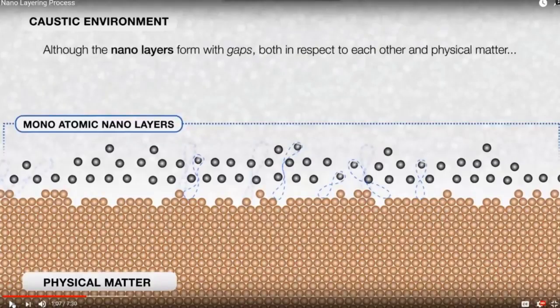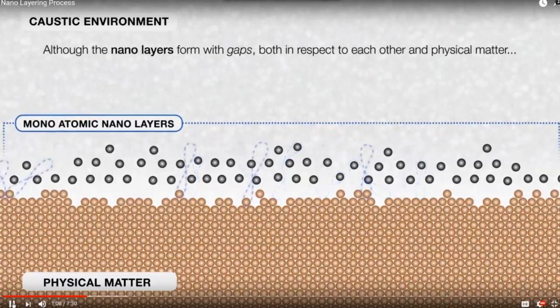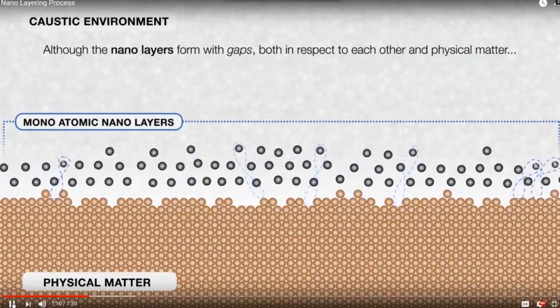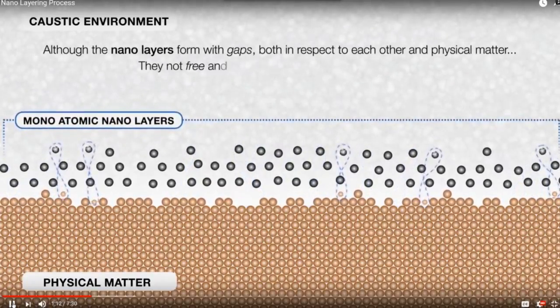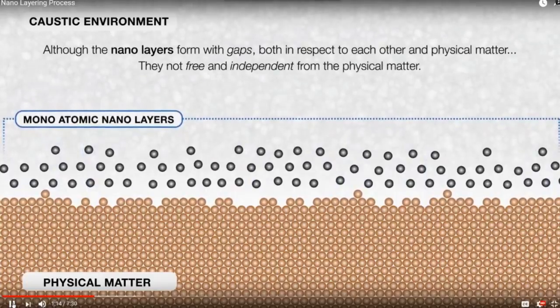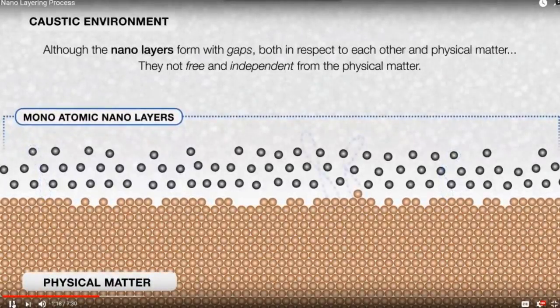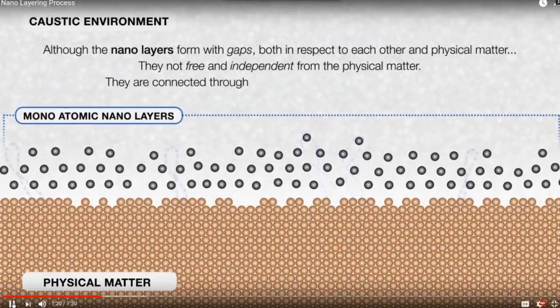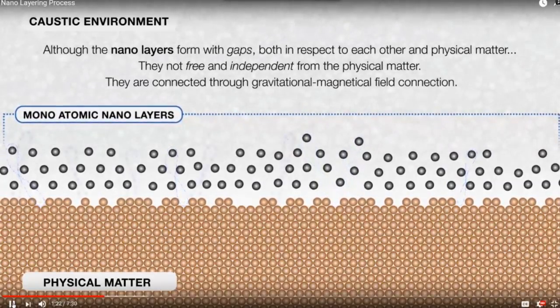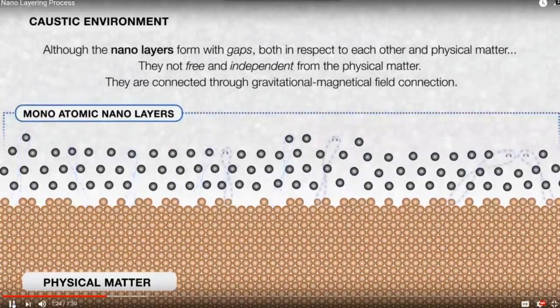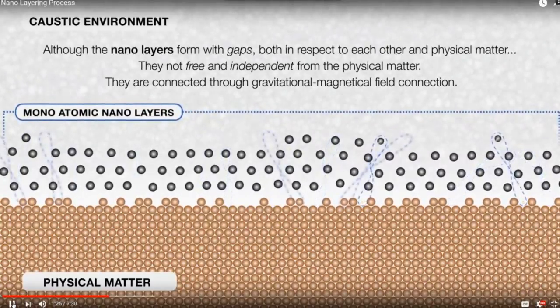So although the nanolayers form with gaps, both in respect to each other and physical matter, they're still connected to the matter, but they've positioned themselves. They're not free and independent from the physical matter. They are connected through gravitational magnetic field connection.